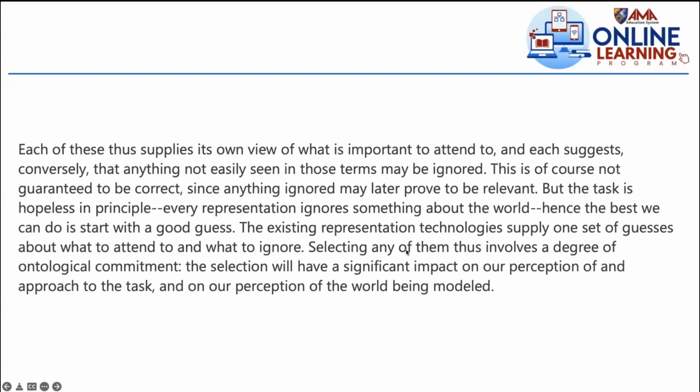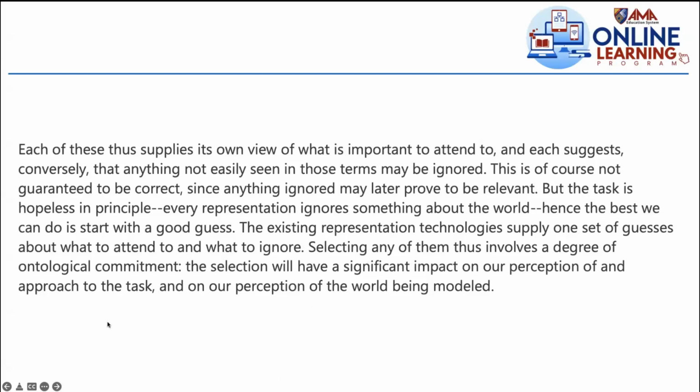Choosing the appropriate one is not our topic for today, probably another lesson. It's more about understanding the general concept here. The selection will have a significant impact on our perception of the approach to the task, and on our perception of the world being modeled.